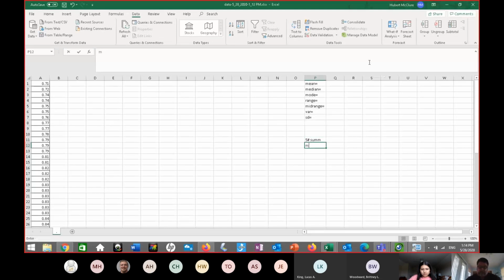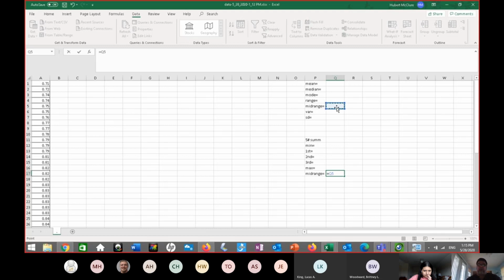Mean, min, first quartile, second quartile, third quartile, and max. And put the mid-range down here so you'll have it. Mid-range for the center of the data, and that's going to be equal to whatever that number is right there.